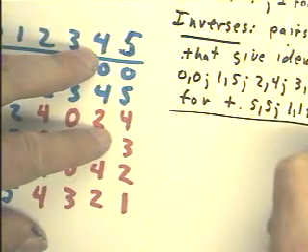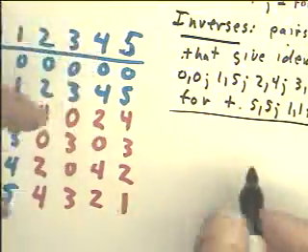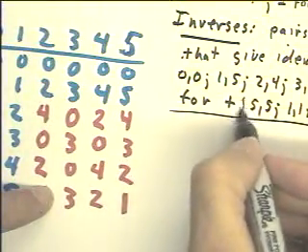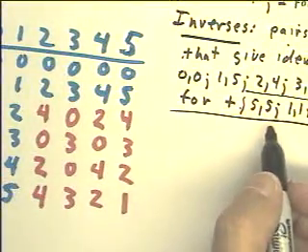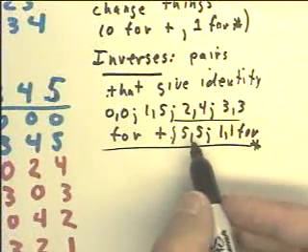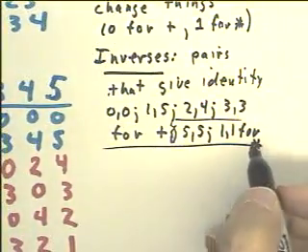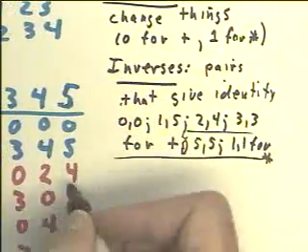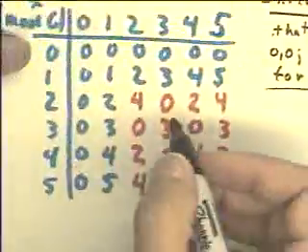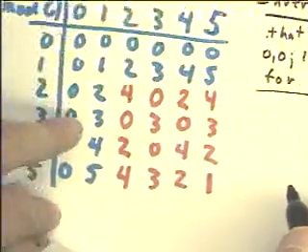So for multiplication, those are our inverses. 5 and 5, 1 and 1 are the inverses for multiplication. But other numbers don't have inverses, so the multiplication table does not have the inverse property.